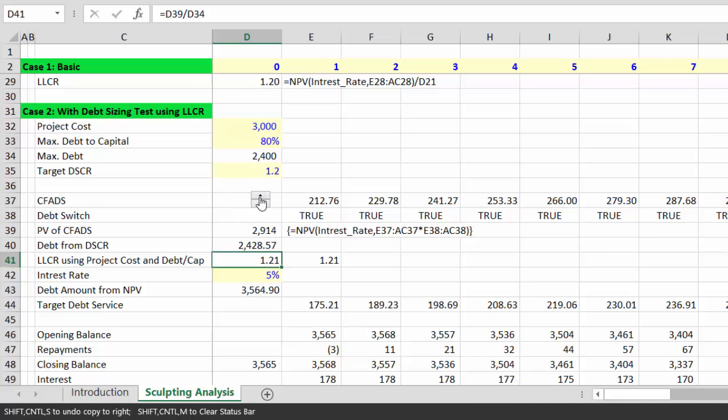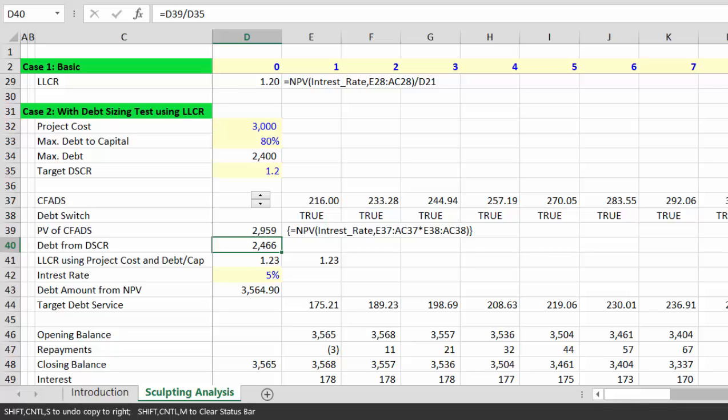And if that's higher than the target debt service coverage ratio, that means the sculpting is kind of irrelevant. The sculpting is overridden. It's overridden by the maximum debt to capital ratio. Okay, I gotta get rid of the comma.